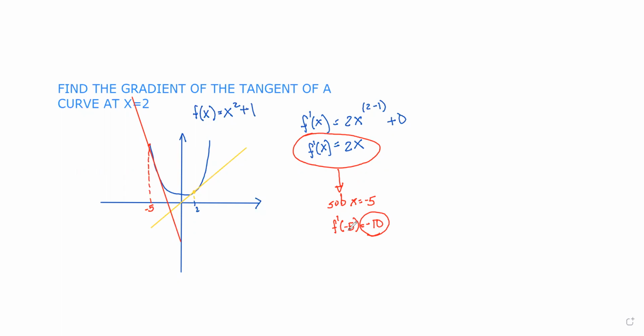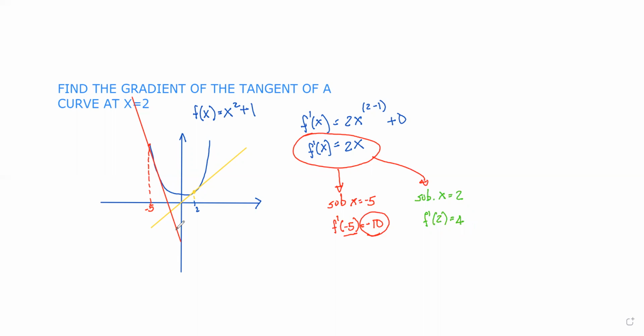But if I sub x equals 2, then f prime of 2 equals 2 times 2, which is 4. So 4 would be the slope for the tangent that touches this point. This one has a slope of 4, and that one has a slope of -10.